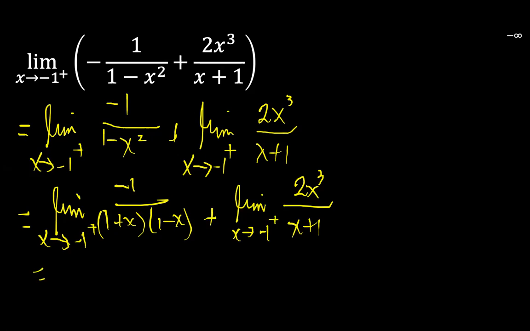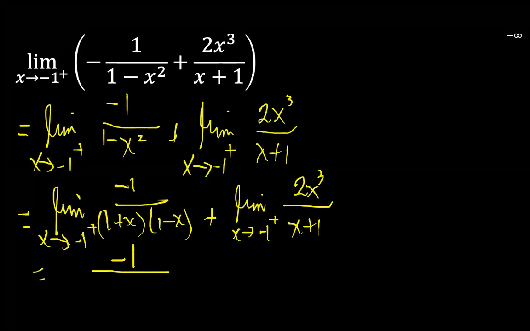So let's take the limit. The limit of a constant is the constant, which is negative 1. And here, we're going to consider all of the values of x which are greater than negative 1 but close to negative 1. Examples are negative 0.999 or negative 0.998.